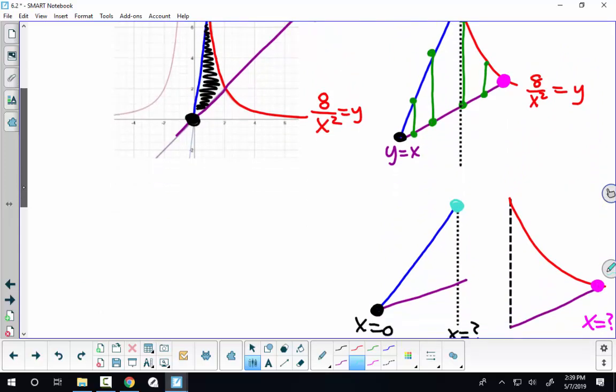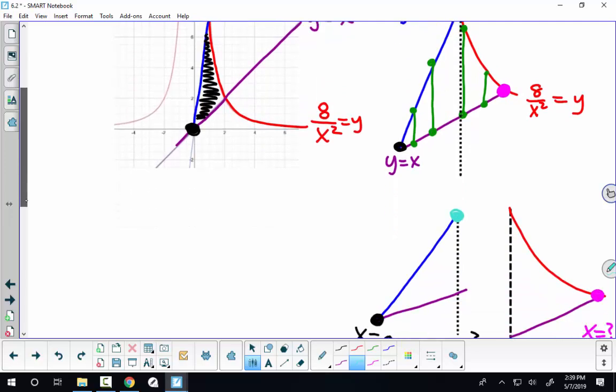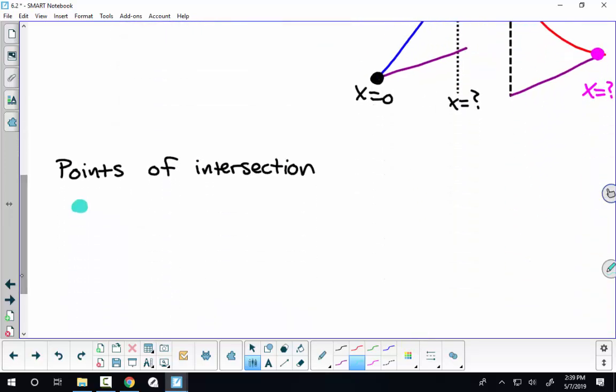So that point is defined by when 8x equals 8 over x squared. So when does 8x equal 8 over x squared? Clear the fraction, multiply through by x squared.